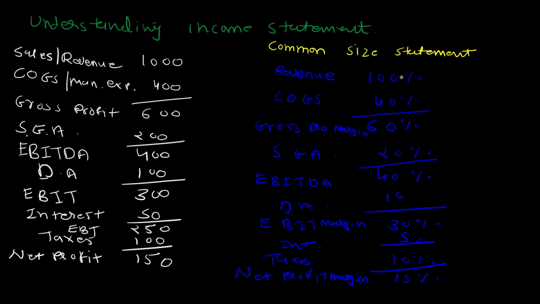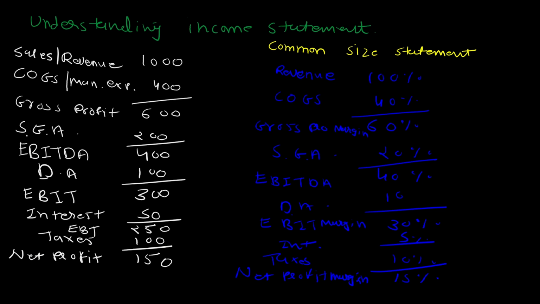For example, revenue is 100%, COGS is 40% of the revenue, gross profit is 60% of sales, SG&A 20%, EBITDA 40%, depreciation 10%, EBIT margin 30% of the revenue, interest 5%, taxes, and net profit margin 15% of the revenue. Analysts compare these, for example, company A with company B, what the company's gross profit margin is against company B's. When you transform these amounts into percentages, you can easily compare with other companies.